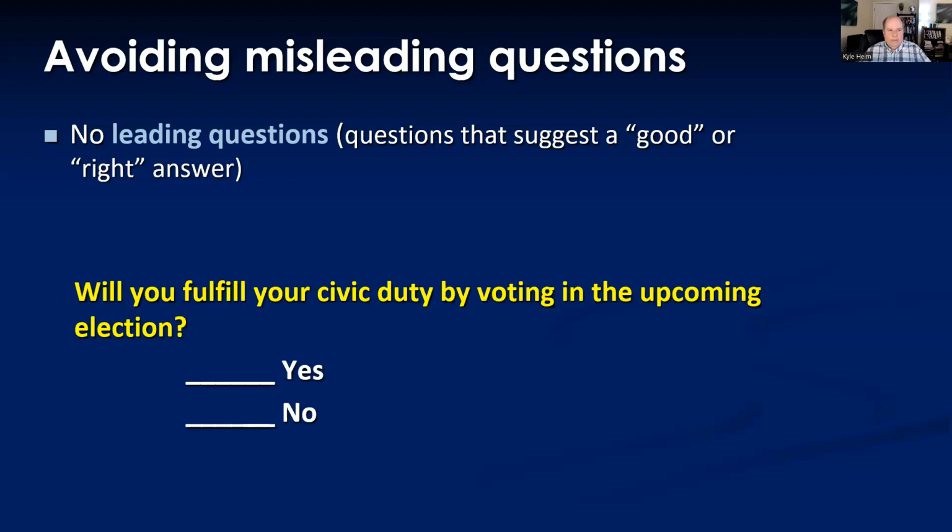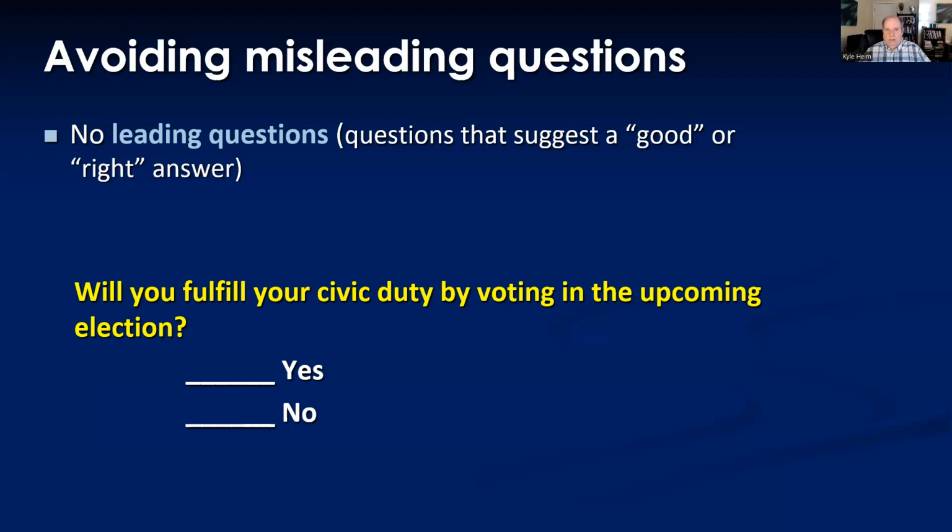Let's say you pose this kind of question: will you fulfill your civic duty by voting in the upcoming election? Well, the way that's phrased, everyone would want to answer yes, because they wouldn't want to admit that they are reneging on their duty as an American citizen, right? So it suggests that the correct answer to this question is yes, because if you answer no, it seems to imply that you're not living up to your duty as a US citizen.